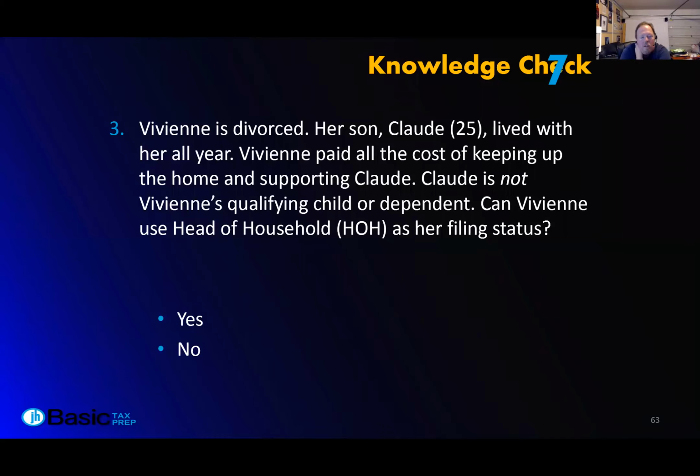That's thrown in there basically just as a number. But here's the thing. Claude is not Vivienne's qualifying child or dependent. So probably not, just based on that. If I was to guess, just reading it, think about this: of all the statements in here, what's the most important thing when you think about head of household? Qualifying child or dependent, right? Claude is not either one of those, and you need one of those.